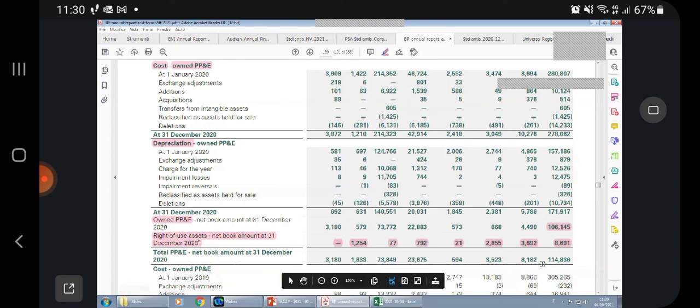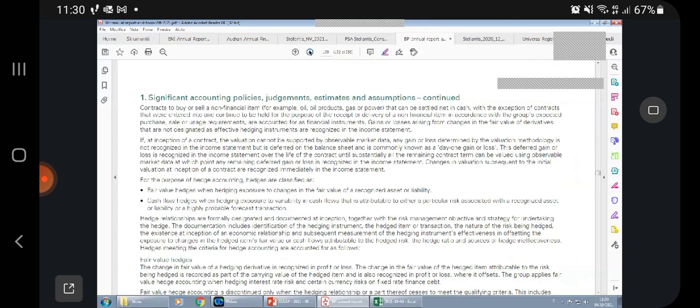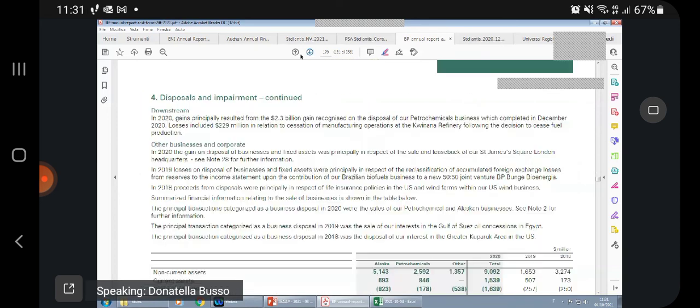In the balance sheet, the amount is 114. Why? Because there are 8.6 billion of right of use asset. Is this clear? It's another way of presenting the information. Less detailed if you want, but it's another way. Okay? So if I go back to the consolidated financial statement of British Petroleum.